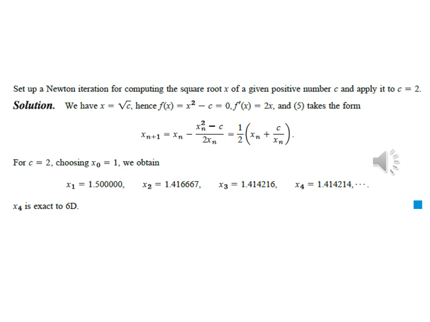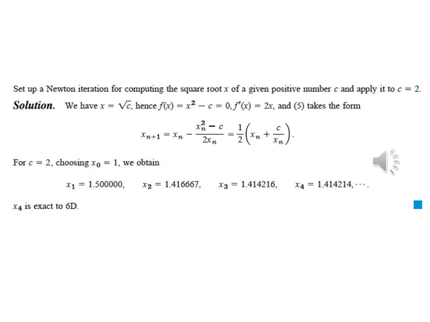Here we first substitute x equal to root c, then square it, that means x square equal to c. Then take the function f of x equal to x square minus c equal to 0, so f dash x is equal to 2x. Finally you can convert that into the master iteration formula, x(n+1) equal to xn minus f of xn divided by f dash xn. Substituting, you will get the value.